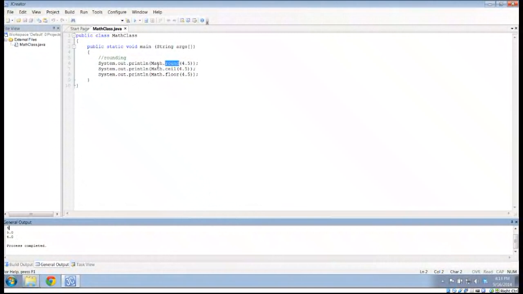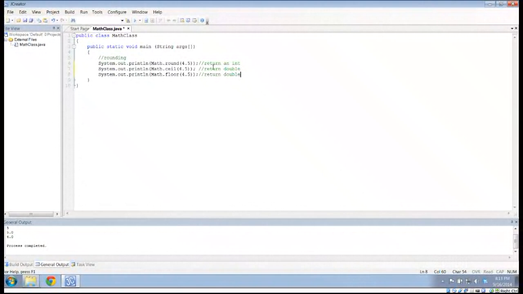In other words, math.round is going to return an int, but math.ceil and math.floor are going to return doubles. So it's important to make that distinction.